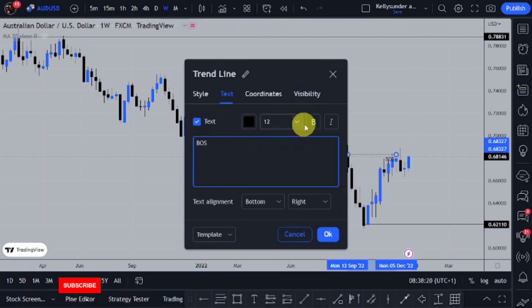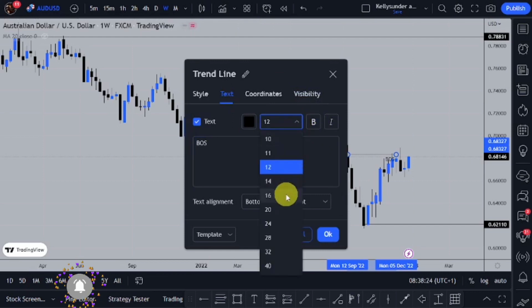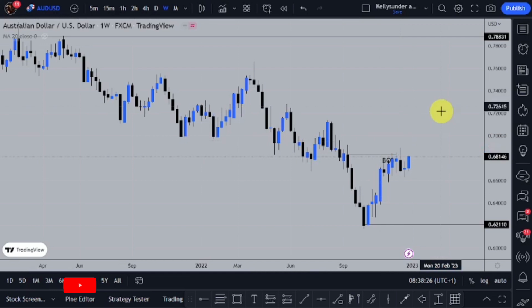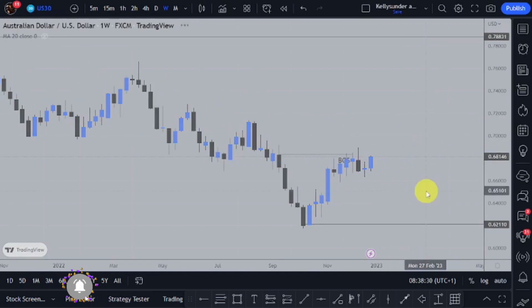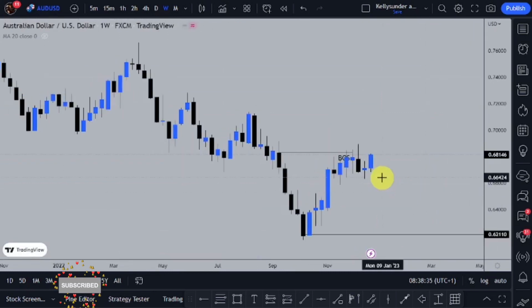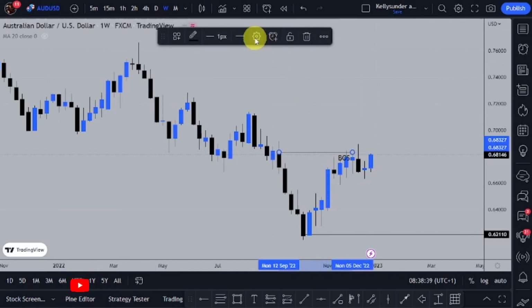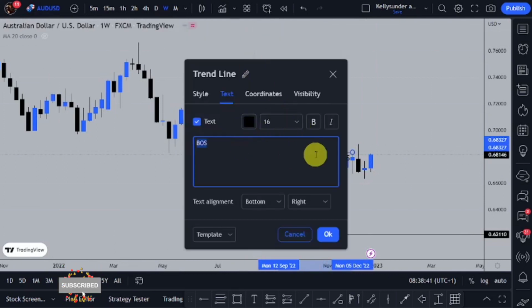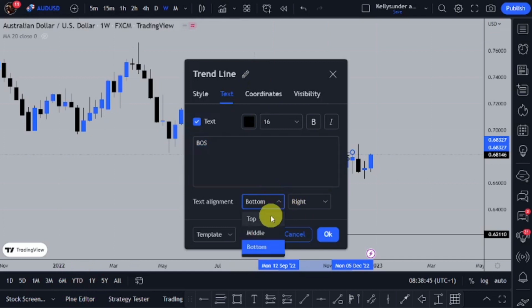Let's make it bold. Let's increase the size to 16. Okay, here, over here, let's zoom in. Let me make this at the top. Let's make the writing be at the top, top right.